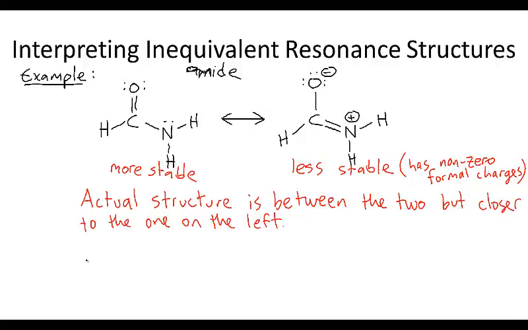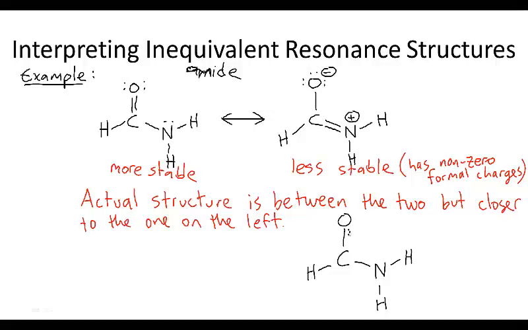But if I were to try to draw my alternate representation here, what would I do? I'd say, well, there's going to be more double bondness between the carbon and the oxygen and less double bondness between the carbon and the nitrogen.